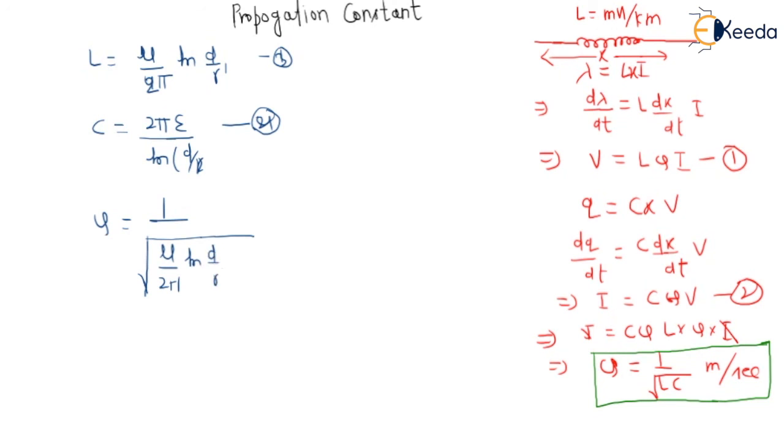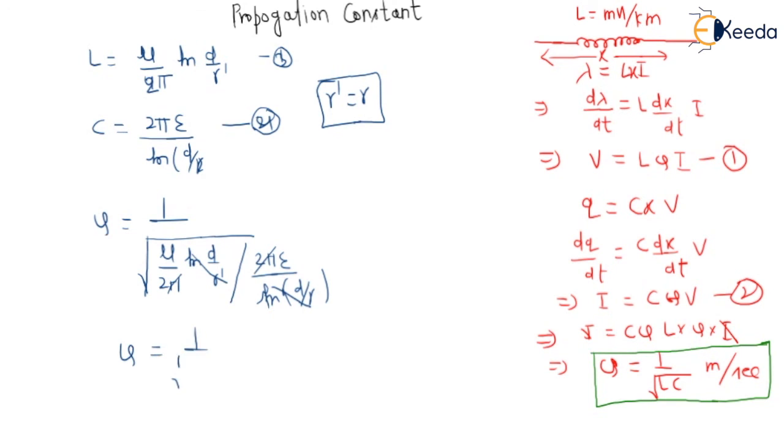R dash is considered as r in this. So ln d by r will cancel out, 2 pi will cancel out. So v we can write as 1 upon under root mu epsilon. And if you write in terms of relative values, it is mu naught mu r epsilon naught epsilon r. So this will be the velocity in meter per second.